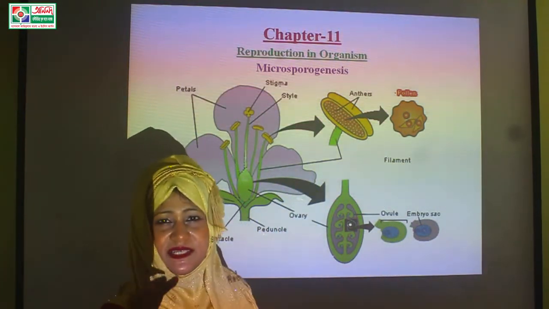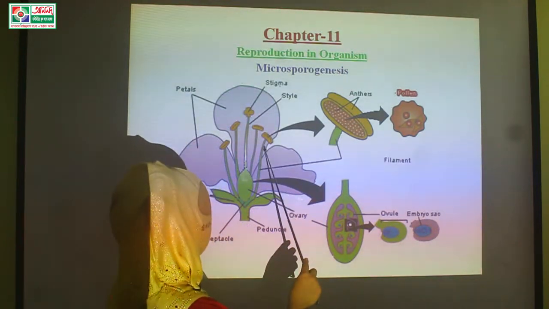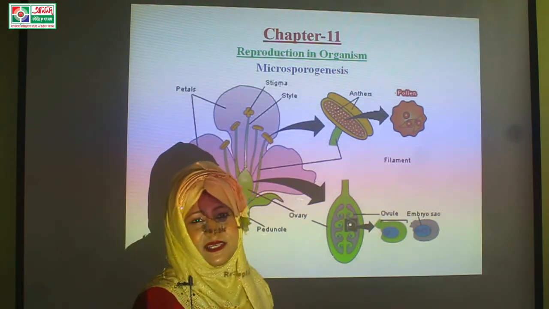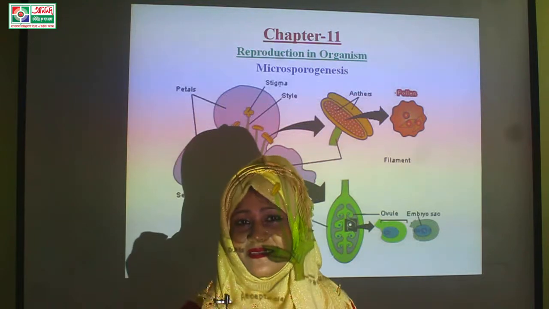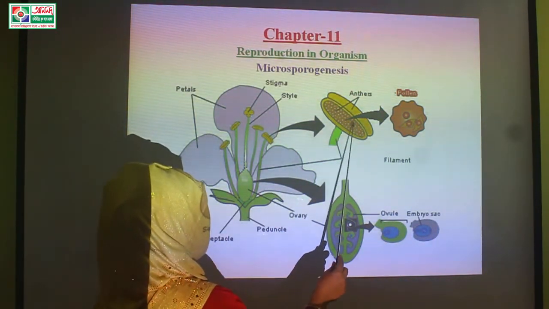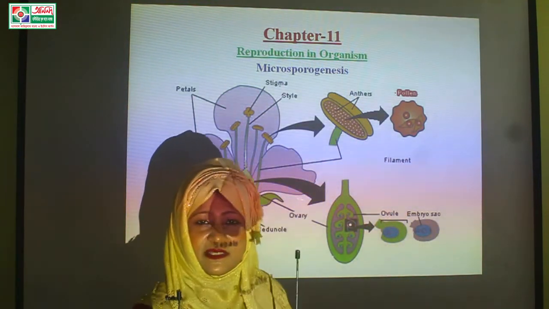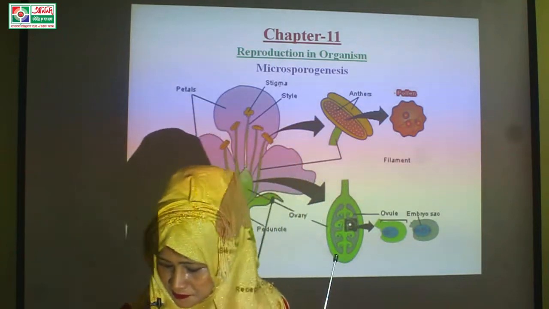Today, our center of attention will be on the male sex organ, that means the stamen. This is the stamen and pollen grains are produced inside the anther.